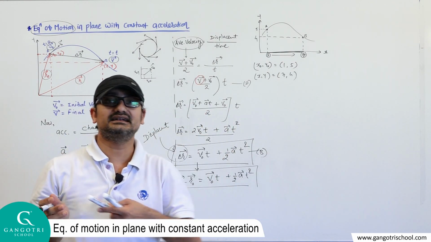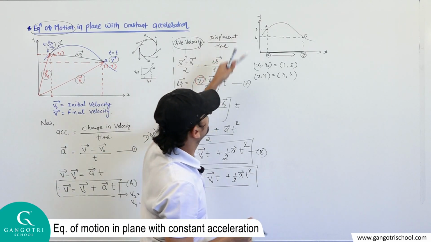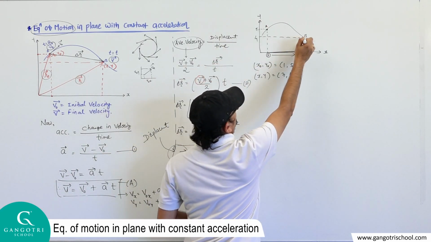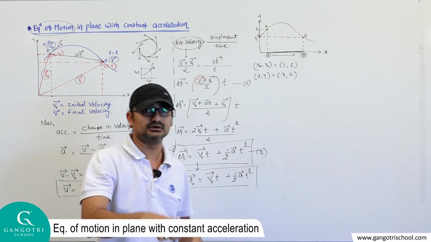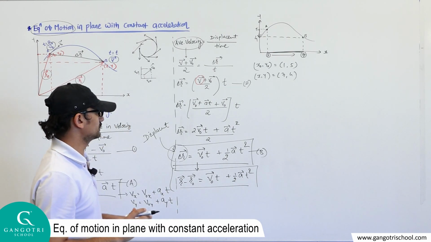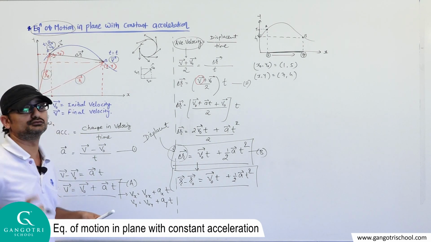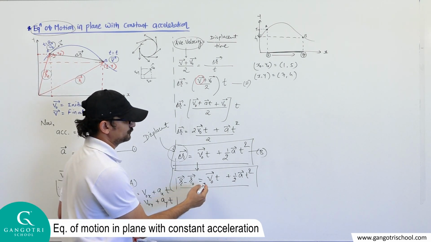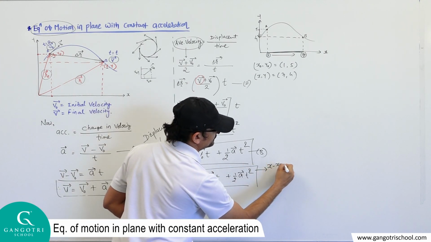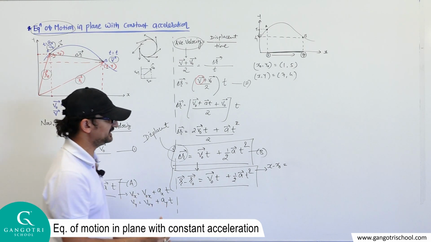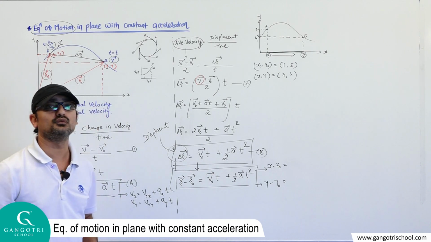So x displacement is 6, and for y displacement, initial y coordinate is 5, final y coordinate is 4, so y displacement is 1 but in the negative, downward direction. In short, final x coordinate minus initial x coordinate gives you the x displacement. So if you want to write this equation in terms of its components, final x coordinate minus initial x coordinate gives you the x displacement, and final y coordinate minus initial y coordinate gives you the y displacement.